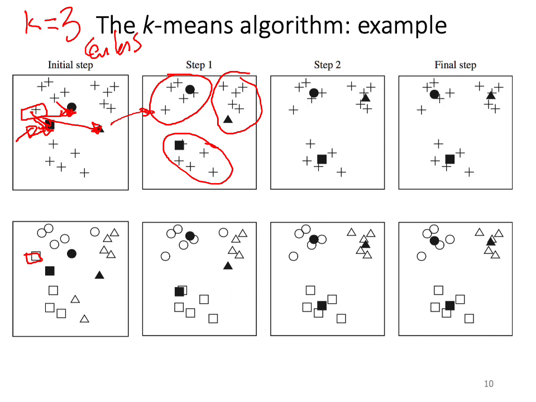So once I did that, then again, I'm going to calculate the distance from each instance to each one of these three centers and then assign it to the closest one. And then once I do that, I will recalculate the centers of my clusters.